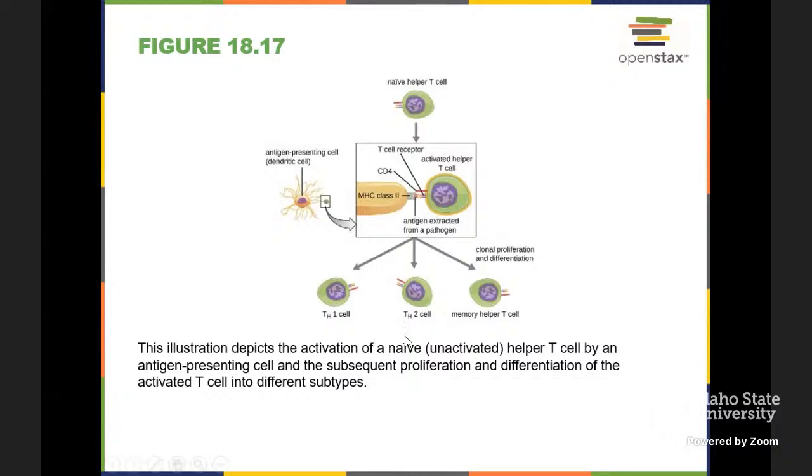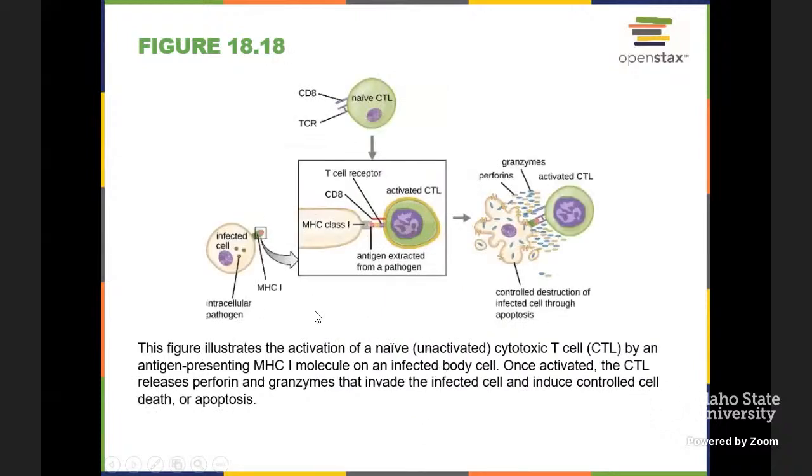T helper two, humoral immunity. T helper one, cell-mediated immunity. All right. All dependent upon that puzzle piece, that epitope that's being shown. All right. And once they've been stimulated, that's when we think about generation of some memory cells. All right. So memory cells with both helper ones and helper twos. All right. As they start to proliferate.